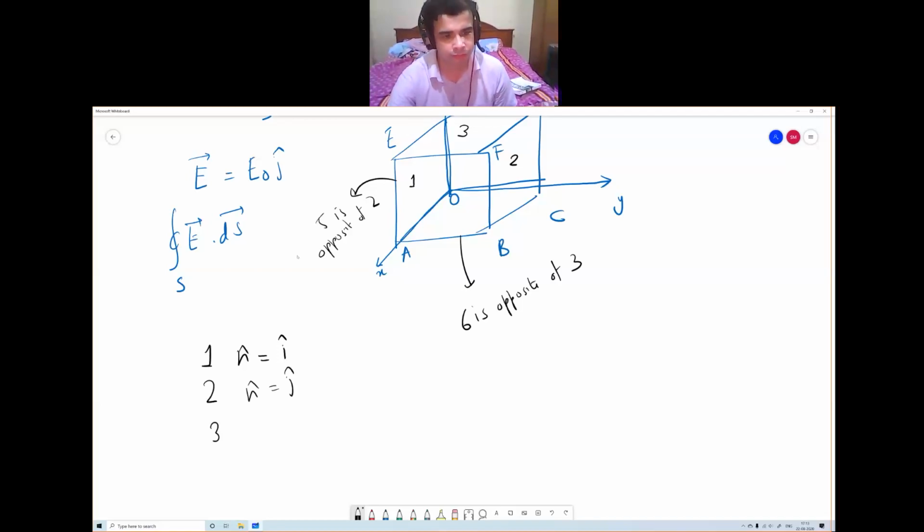For 3, n is k. Similarly, for 4, n is minus i.